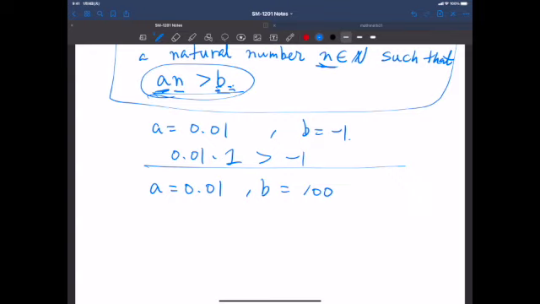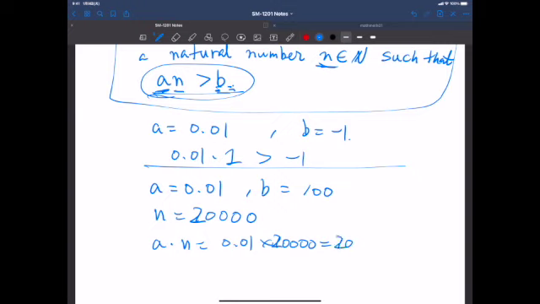For example, let's say n is 1000. Then a times n is 0.01 times 1000, which is 10. Oh wait, no, it's not. Okay, 200,000.